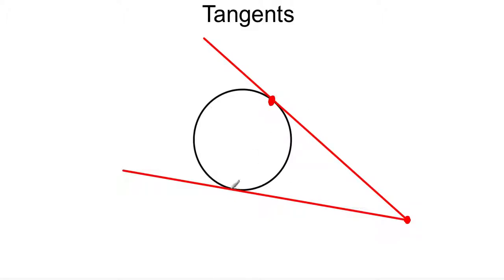If I look at the distances between their tangent points and that intersection point, they are congruent. It's not to say that the whole distance is congruent, just from the point of tangency to the intersection point, those are congruent distances. It's a very, very important theorem.